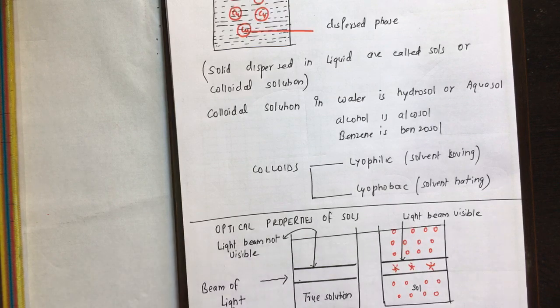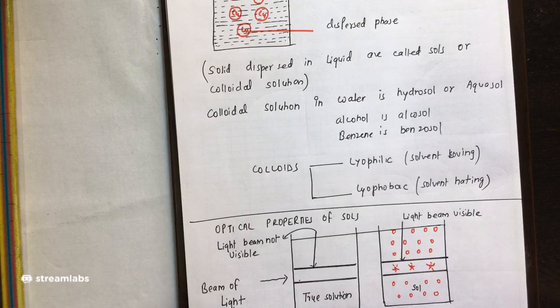The second one is gases dispersed in solid. When gases are dispersed in solid, it comes under solid foam, like pumice stone, which is used for beautification purposes, and froth.